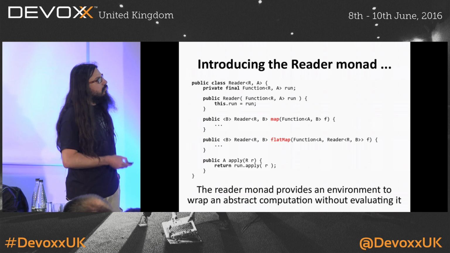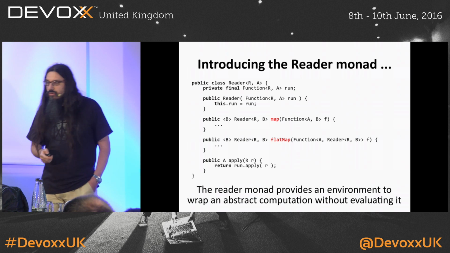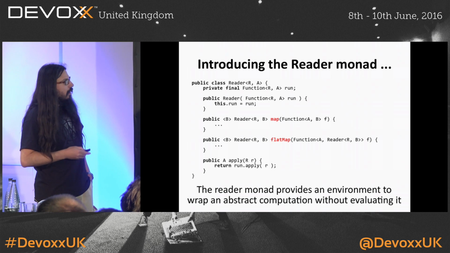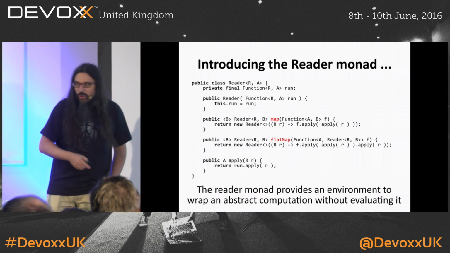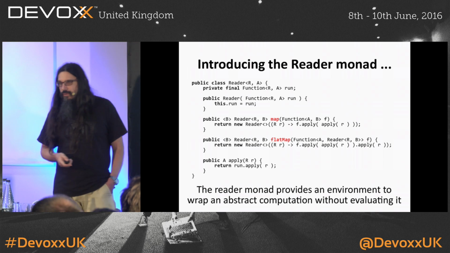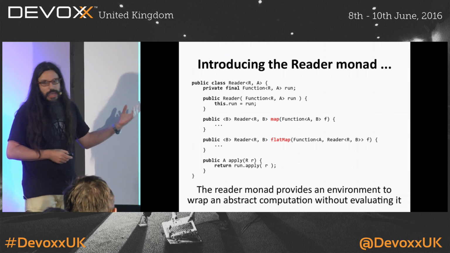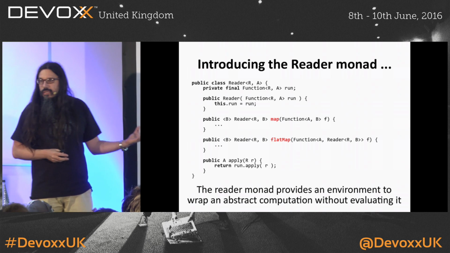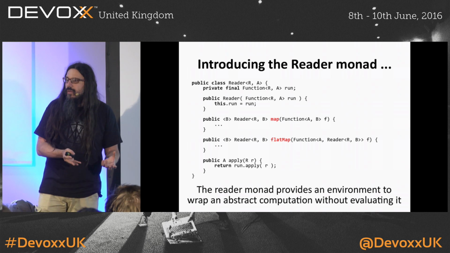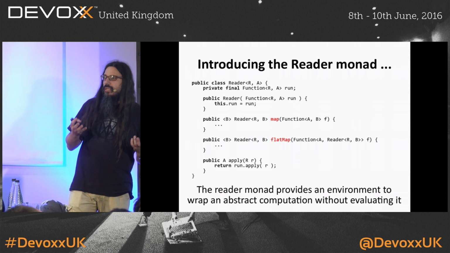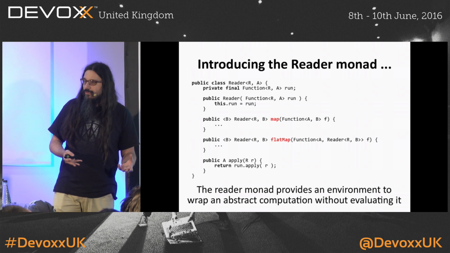Now let me introduce a second monad, that is the reader monad. The reader monad is just another monad. I don't want you to focus on the implementation because in Java it's quite embarrassing, I admit this. But the idea of the reader monad is that it is a monad, it wraps a value. The only difference is that the value it wraps this time is another function.